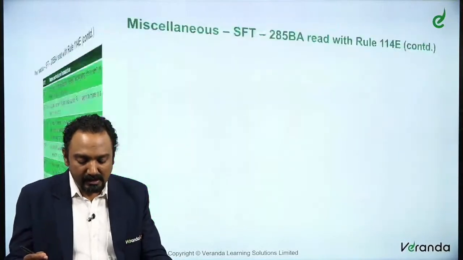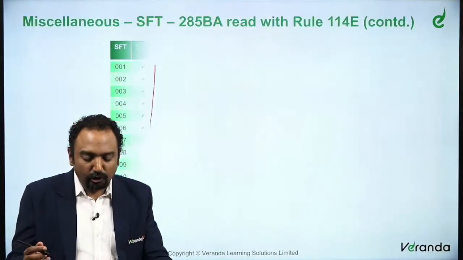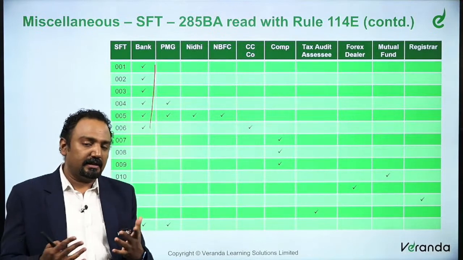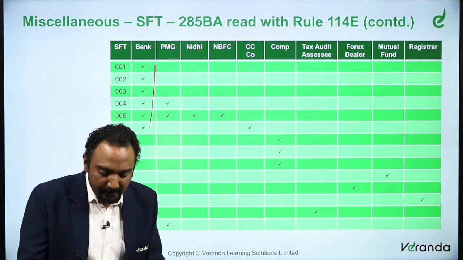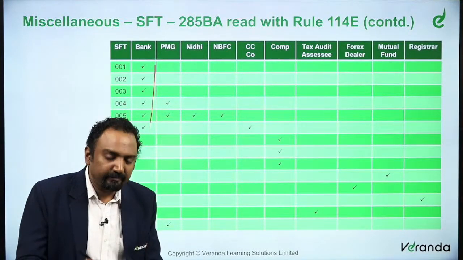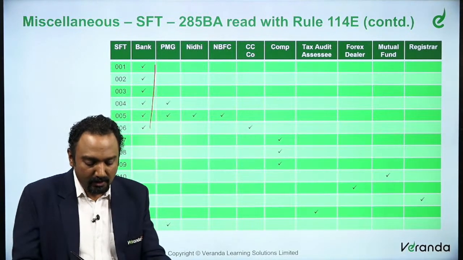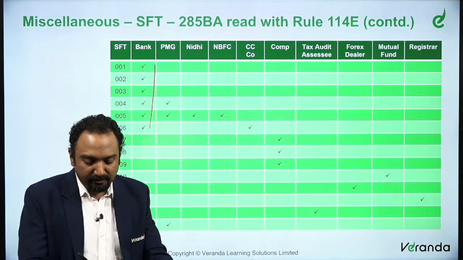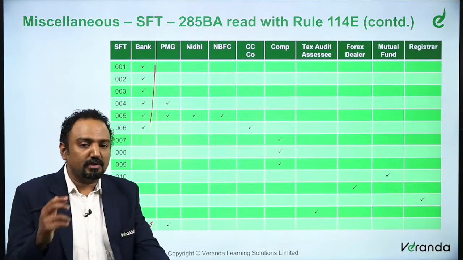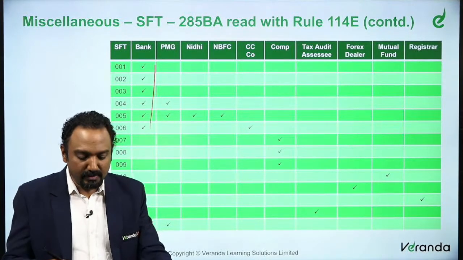You can link this slide with the previous slides to understand whether a particular organization should report this or not. So, the bank has to report the first 6 and the 14th. The 14th is about demonetization.